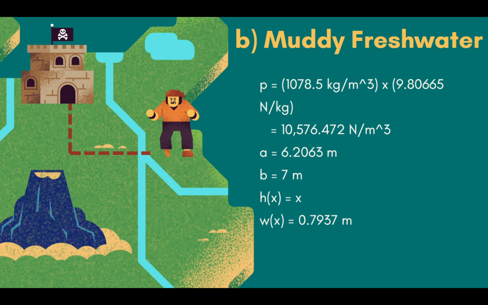The value of A is 6.2063 meter. The value of B is 7 meter. The height we don't know, so we put x like the previous one. And the width is 0.7937 meter.